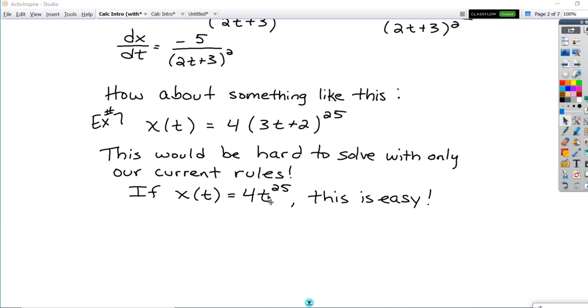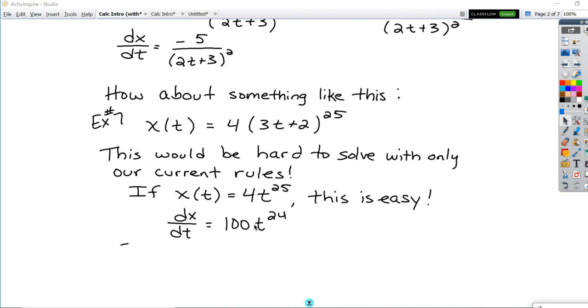If that was the case, there is no issue with this problem whatsoever. You have a multiplier, which you can multiply in later, and then it's the power rule. Even though it's a big power, it's just the power rule. So we can take the derivative of that very easily. You bring the power down, so 25 times 4 is 100, and you subtract the power by 1, so it's the 24th power now. We're done.